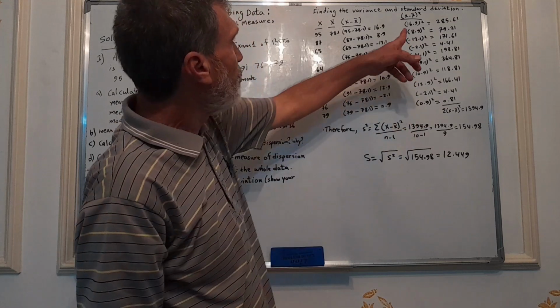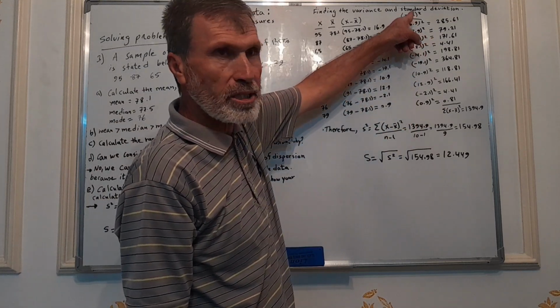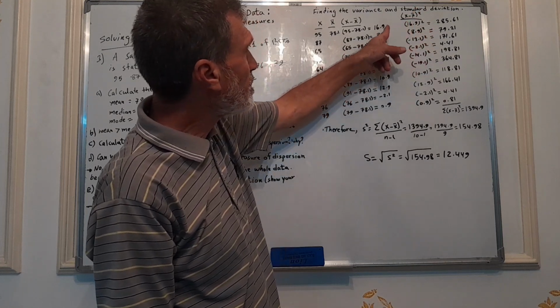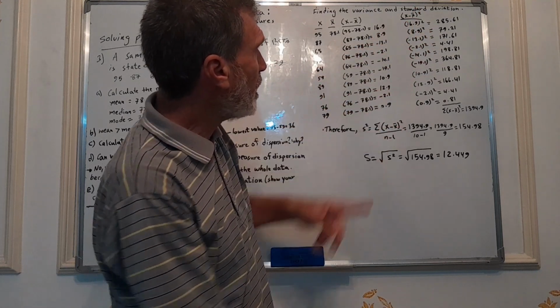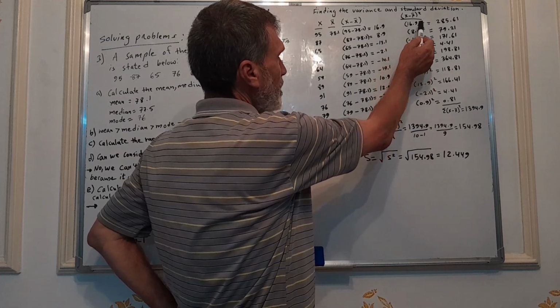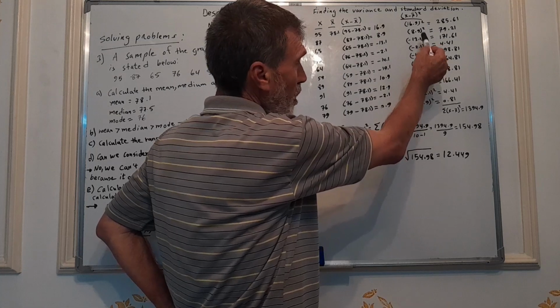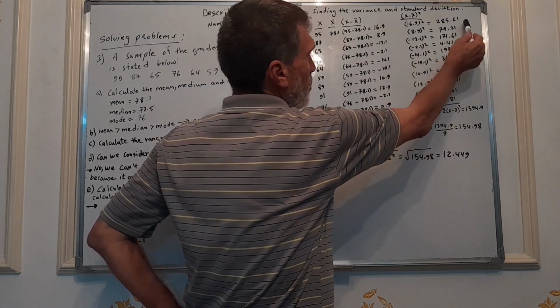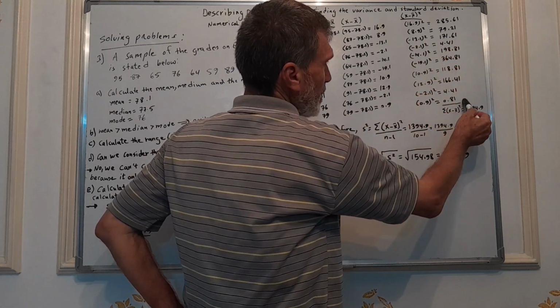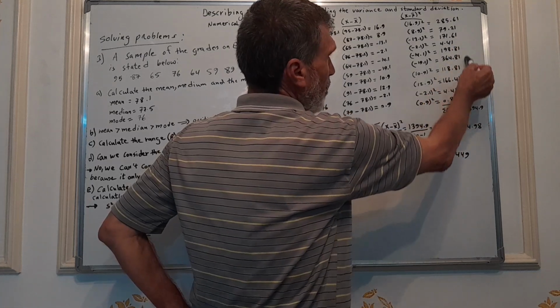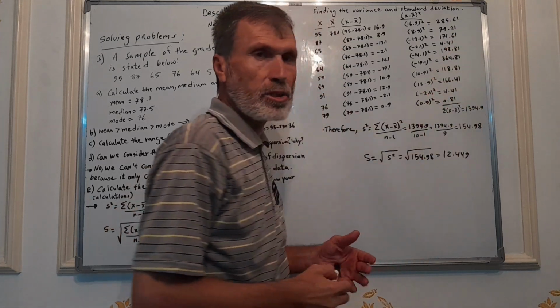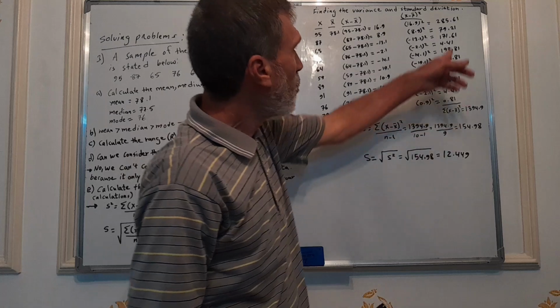Now, the fourth column is x minus x bar squared. So we just square those values: 16.9 squared, 8.9 squared, minus 13.1 squared. We square all of them and we come up with all these values. These are the values of x minus x bar squared.